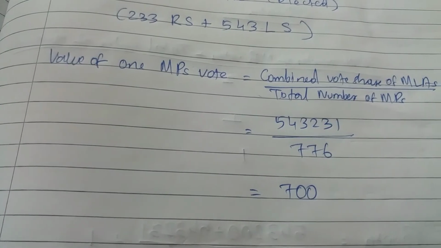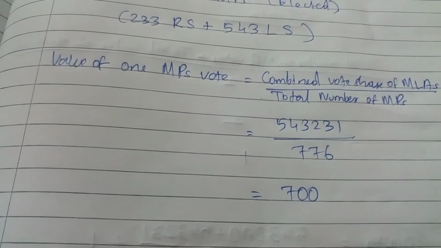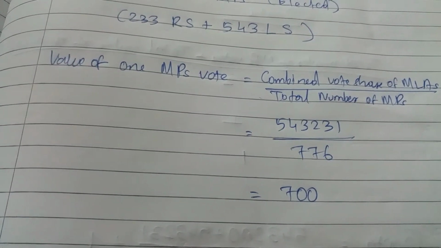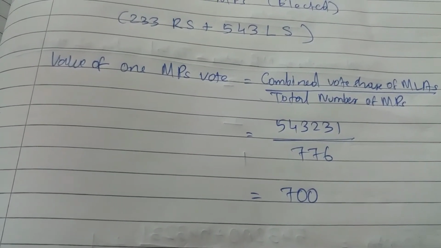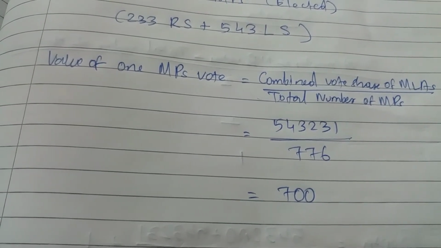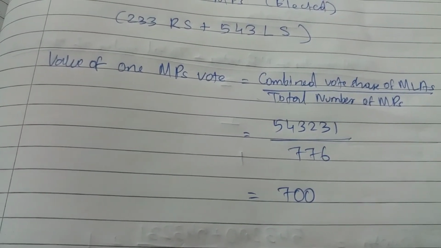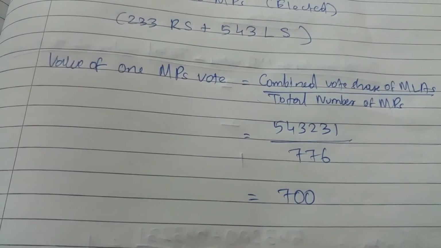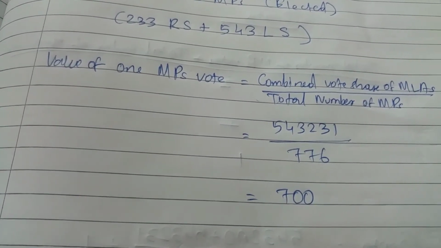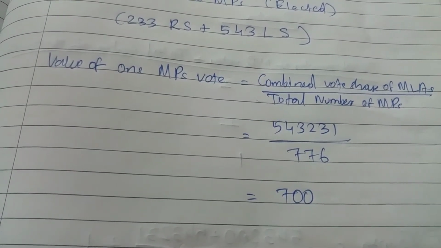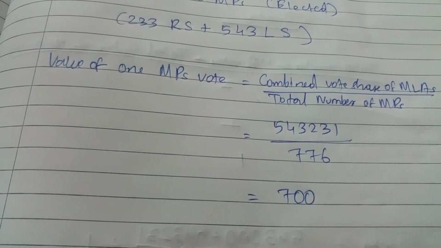Unlike the value of the vote of each MLA, there is no difference in the value of each MP's vote. The value of an MLA's vote differs from state to state, as I explained. The value of the vote of one MLA from UP we calculated as different, from Sikkim it is 7, and from Kerala it is 152.